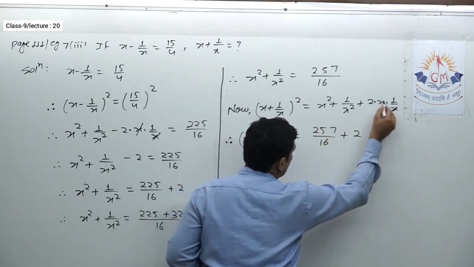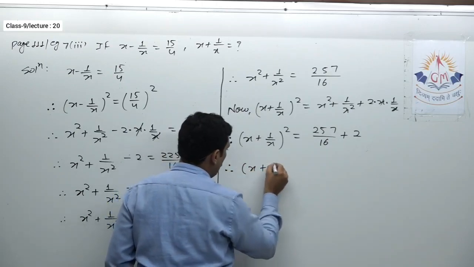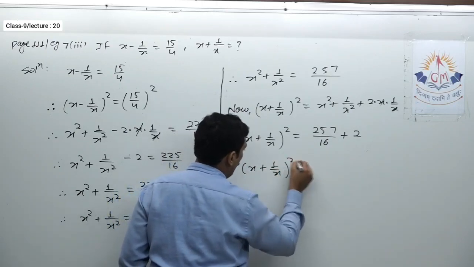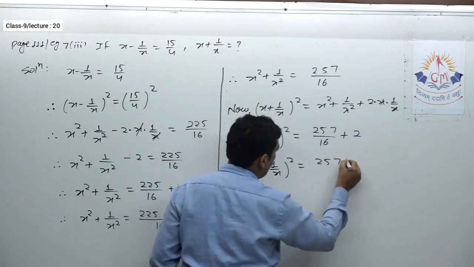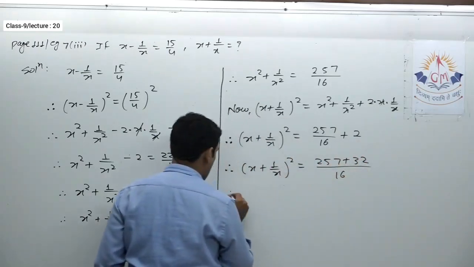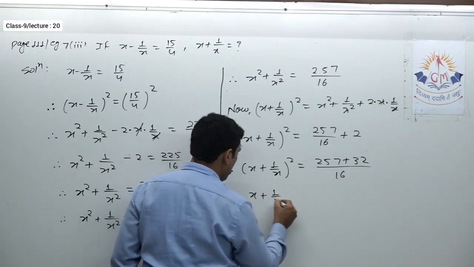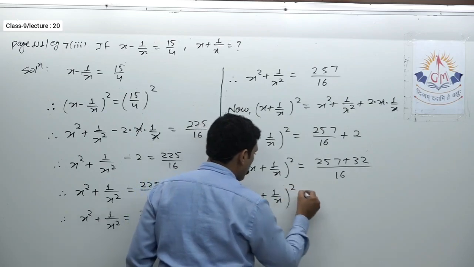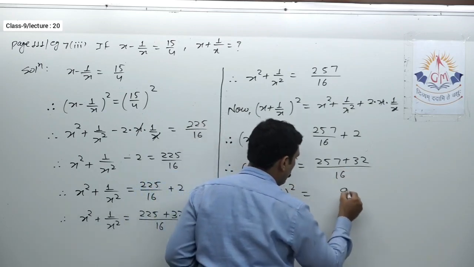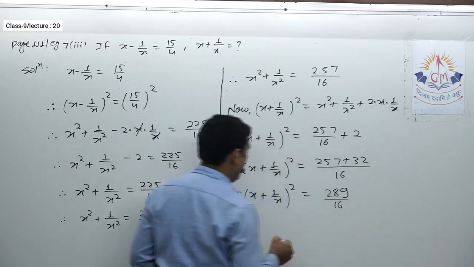plus 2. This x and x will cancel out. So here x plus 1 upon x whole square is equal to 257 plus 32 upon 16. So here I will get x plus 1 upon x whole square is equal to 289 upon 16.